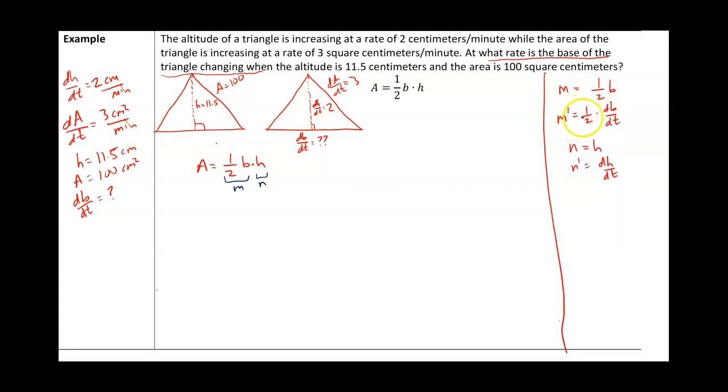So m prime is 1/2 dB/dt. Why do I get a dB/dt? Because I have a b variable with respect to time. 1/2 is a constant. Our n is h, and our n prime is dh/dt, because I have an h term with a t input.